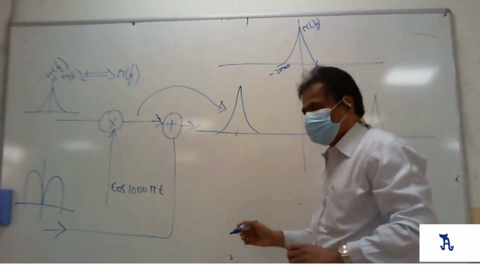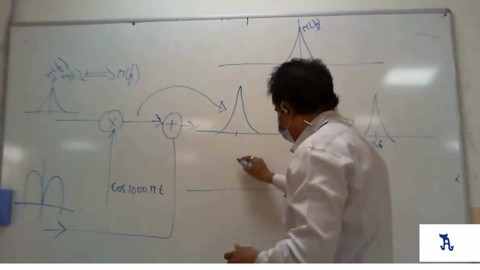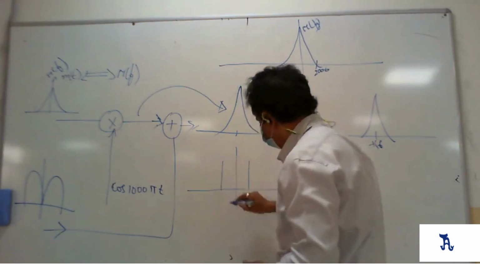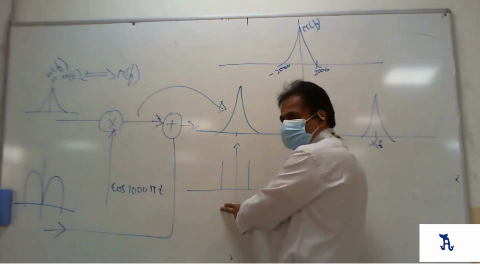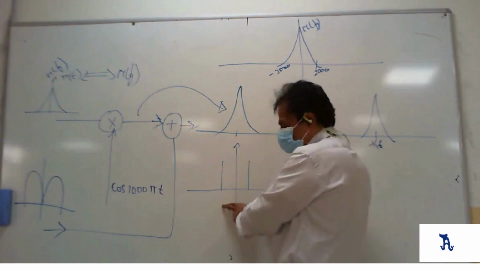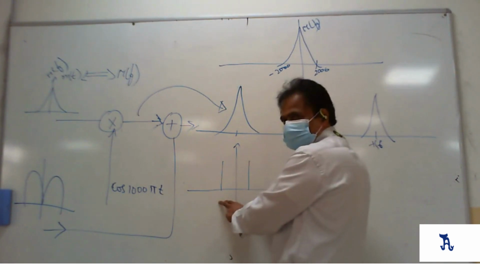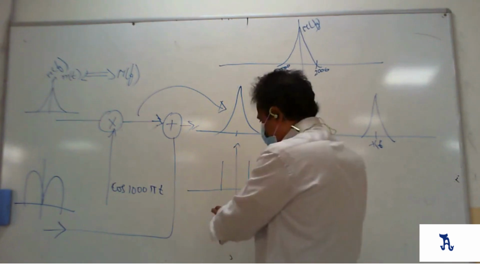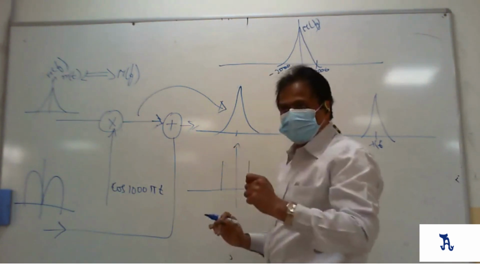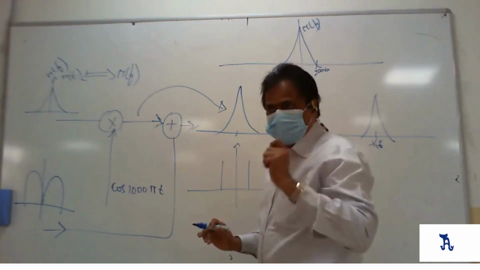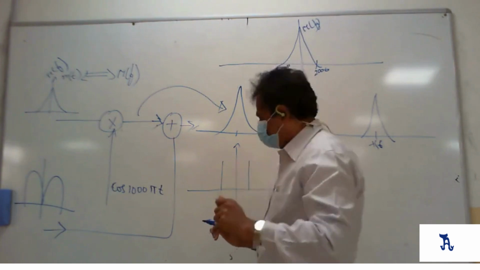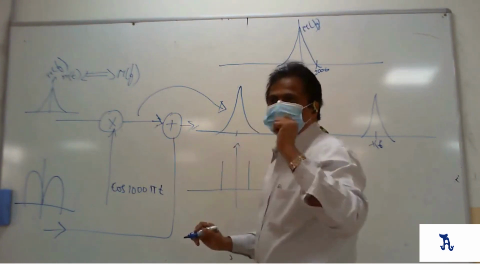Right. See, you have done the spectrum. When your m of t spectrum is like this, what is this actually? The spectrum of, tell me, the spectrum of a sine wave. Suppose I have a sine wave. It's a single tone modulating signal of, say, 100 Hz.